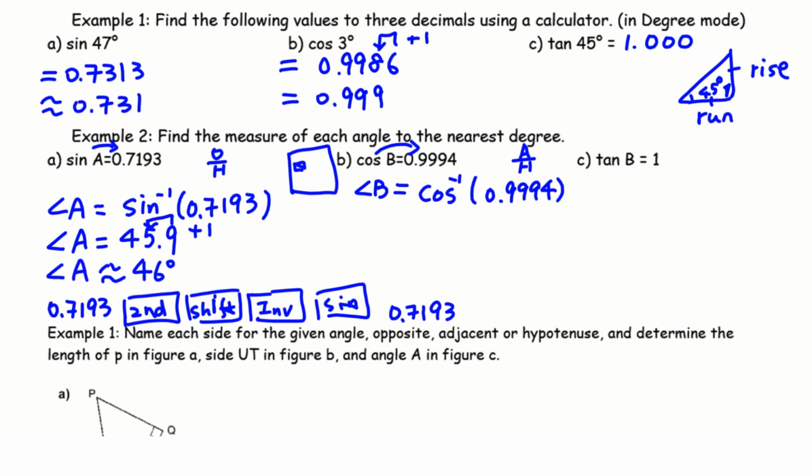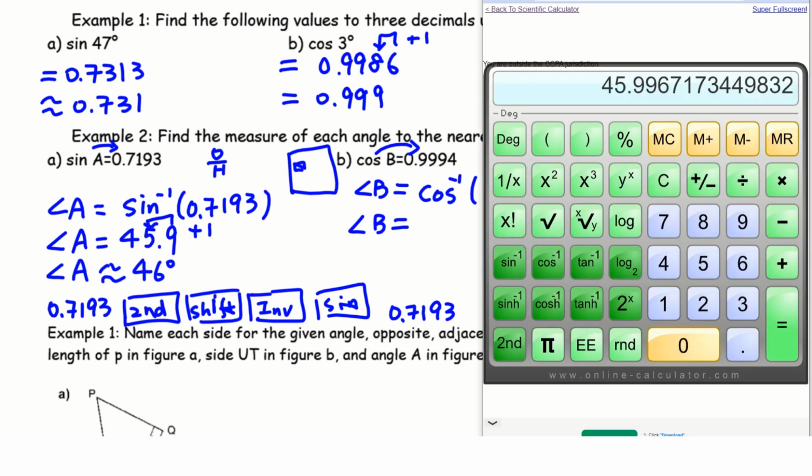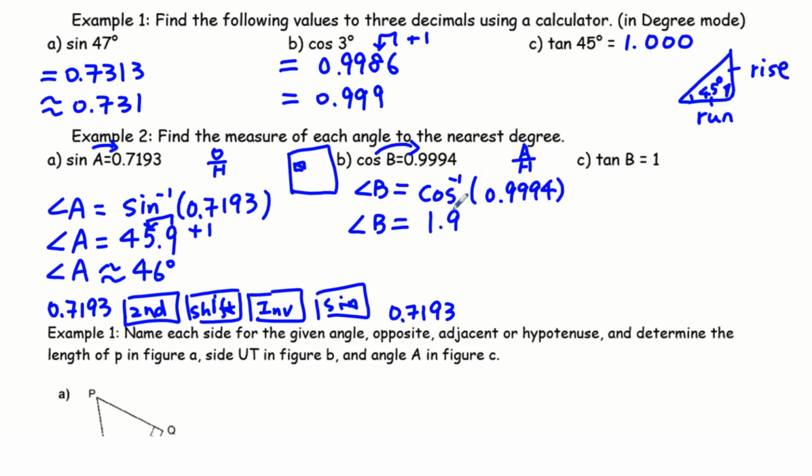If it's a backward calculator, you type in 0.9994 first, then cosine inverse, second cosine. 0.9994, then cosine inverse is 1.9. So the whole number, we only count to the next digit, 1 decimal. Then we round it, if it's above 5 or equal to 5, we add 1. Then we have angle B approximately equals 2 degrees.